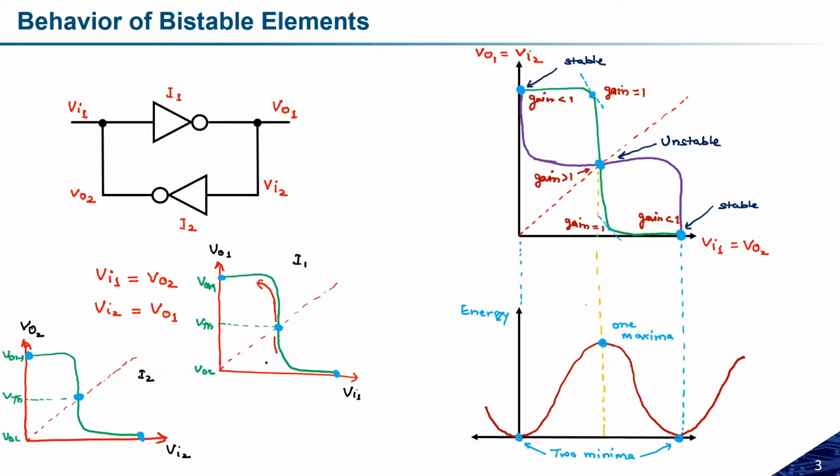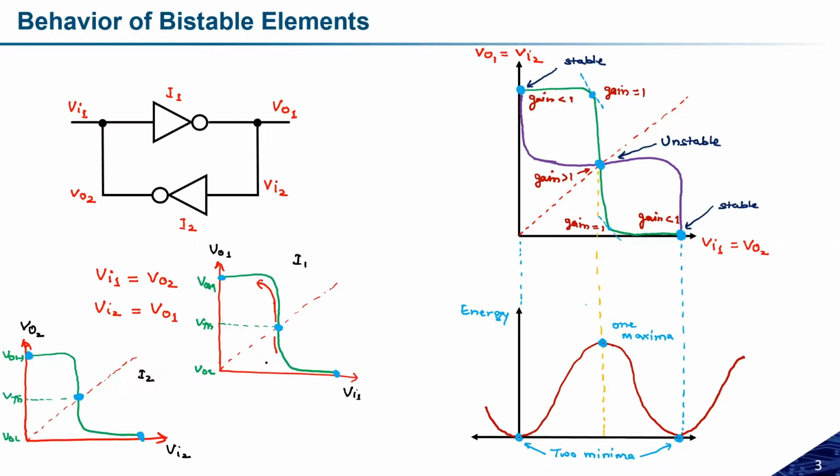Suppose both the transistors in a single inverter are in the saturation region at the node where we are getting the VTH output. But if I forcefully change this voltage either towards the left side or towards the right side, we can make the transistor biased either towards 0 or towards 1.